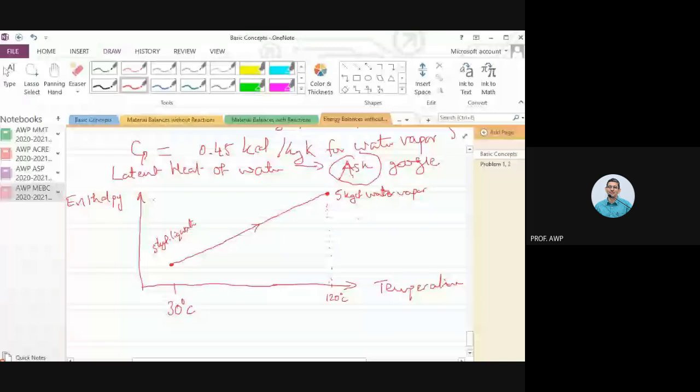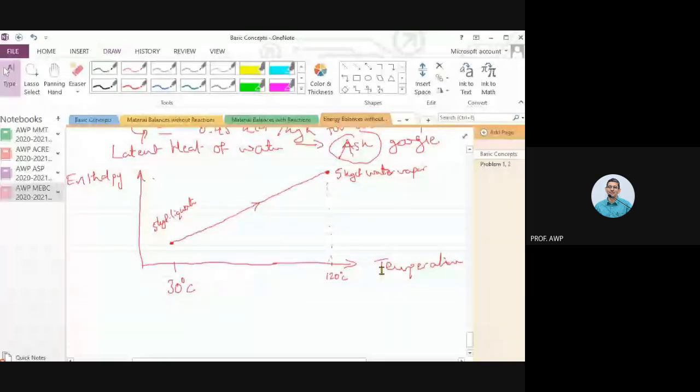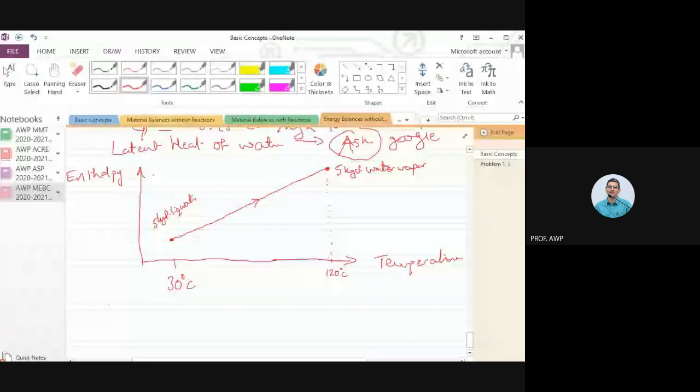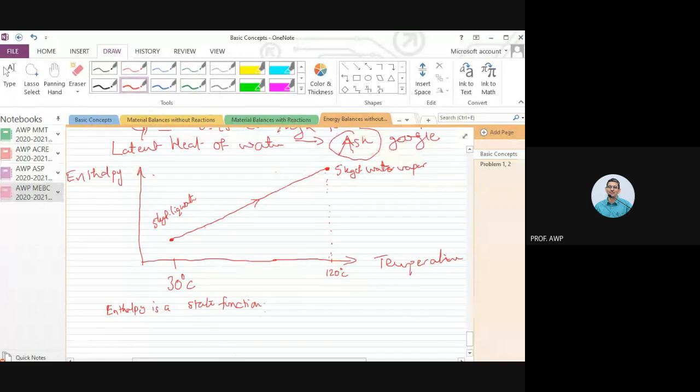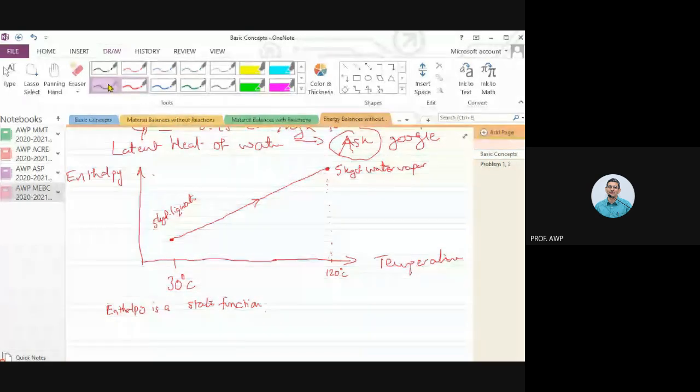So the point that I'm trying to make is that enthalpy is a state function, right? So instead of going by this red path, we can think about going by a different path.